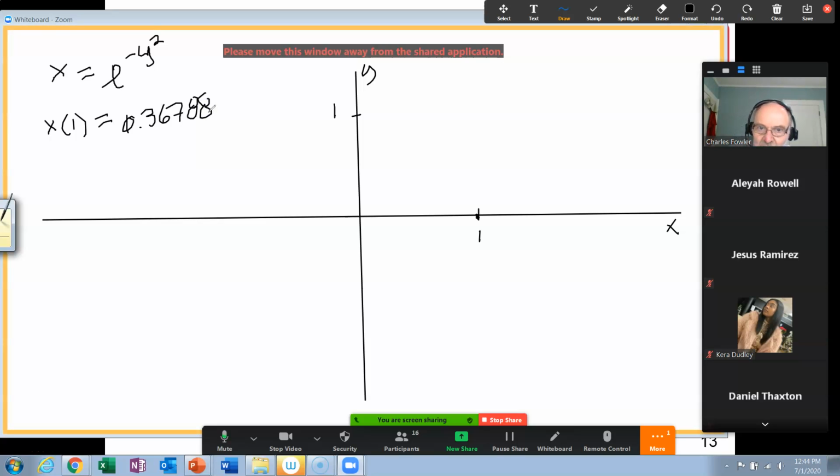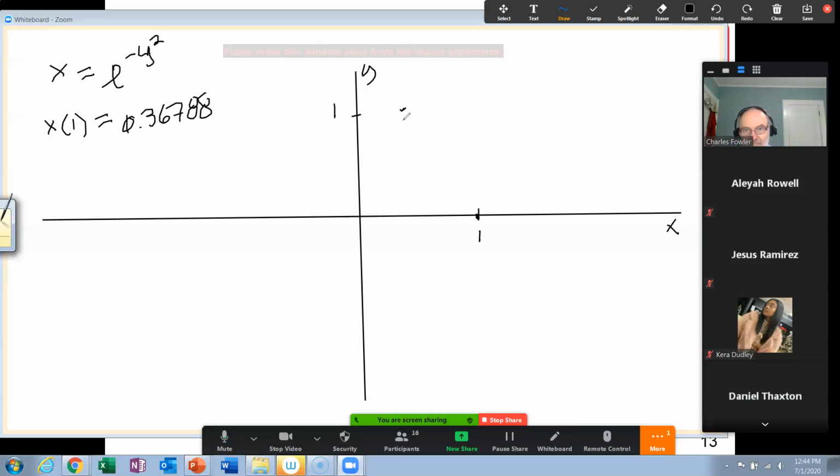So when y is equal to 1, this will be a little bit more than 1/3. Does that look about right to you? Let's say something about right there.